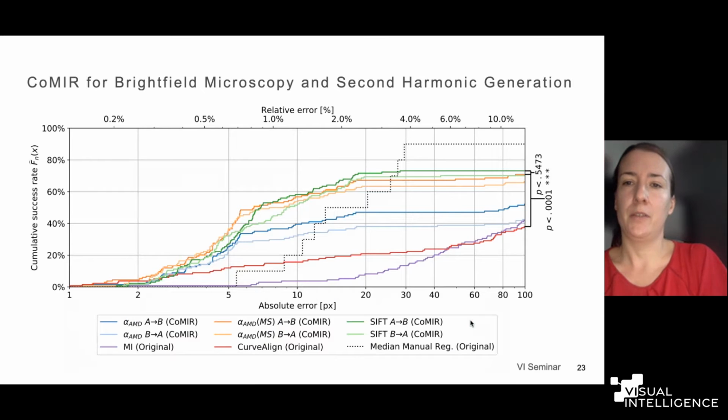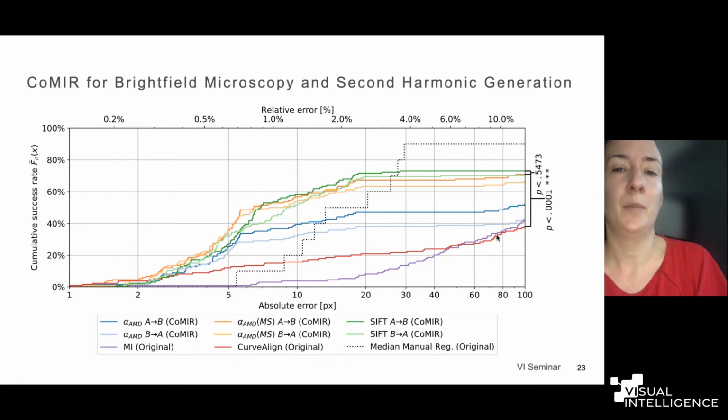And here are just some results from the paper that introduced Comirs. On this data set of bright field microscopy and second harmonic generation images, these purple and black and white ones, the red line here was the state-of-the-art for the registration that was in place up to that point.